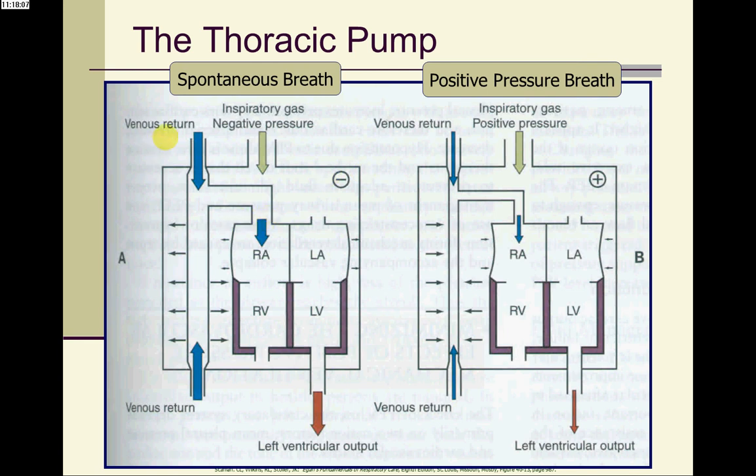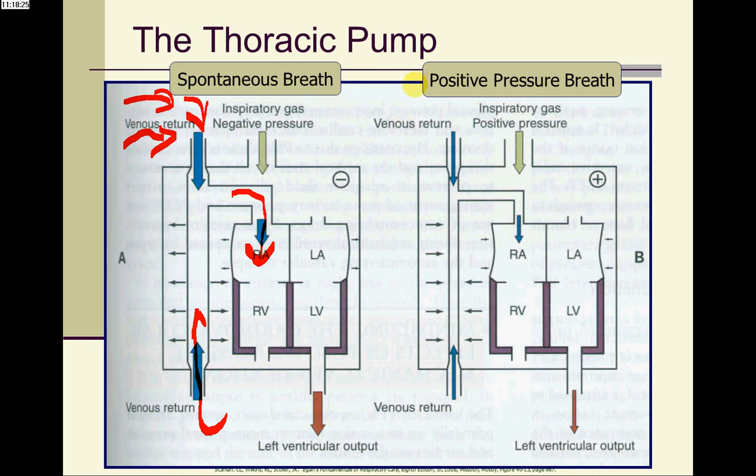All right, so you can see here we have enhanced venous return with spontaneous breathing. So we're improving that because we've got this negative intrathoracic pressure. So we enhance that venous return, enhancing right atrial and right ventricular output.